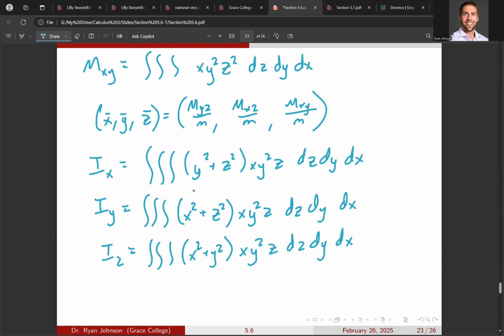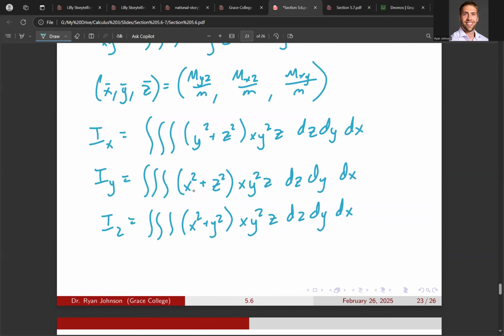And then we'd calculate our different radii of gyration. Our x would be the square root of I x over m, and our y would be the square root of I y over m, and our z would be the square root of I z over m.